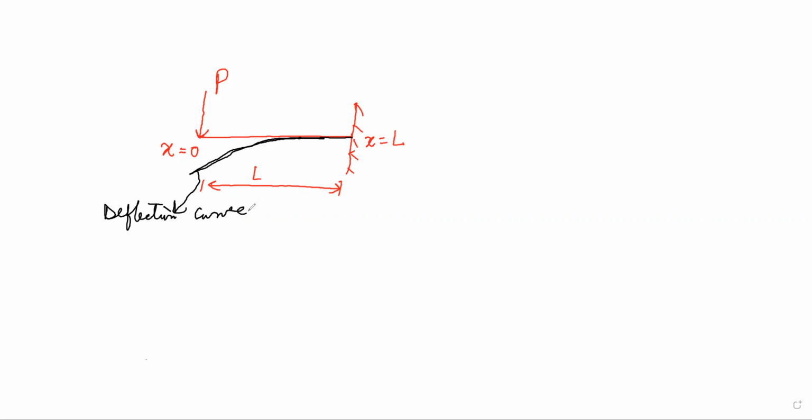The basic way of finding the equation of the deflection curve is, first of all, calculating the bending moment in the beam. Step one is to calculate the bending moment in the beam.